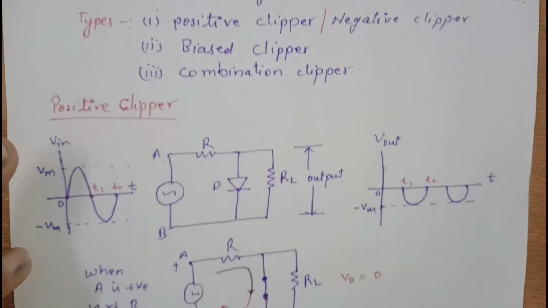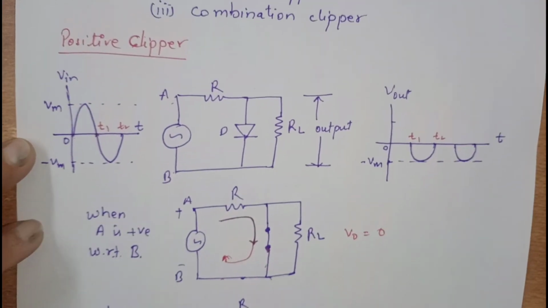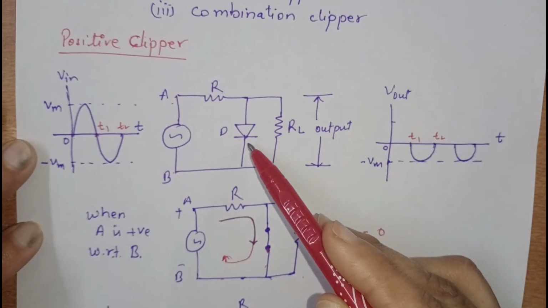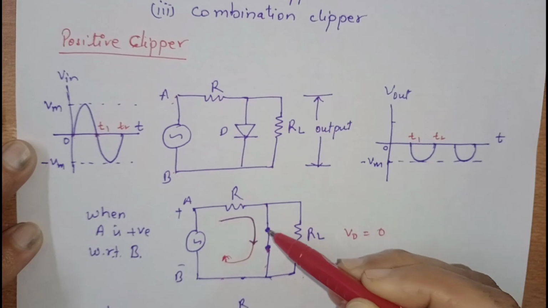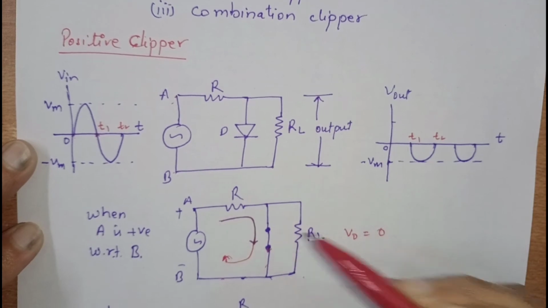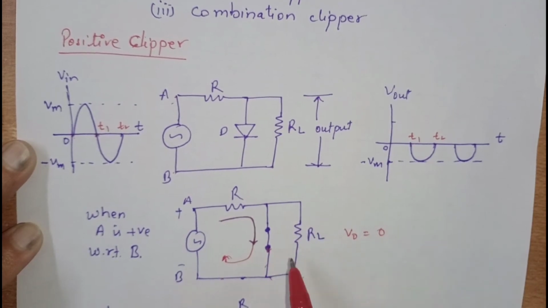We can reduce the circuit to this circuit, because the diode acts as a closed switch. So we can show this forward biasing as a closed switch. Now, because there is no resistance in the diode branch and there is a resistance RL, the current will follow this path, not the path through RL.